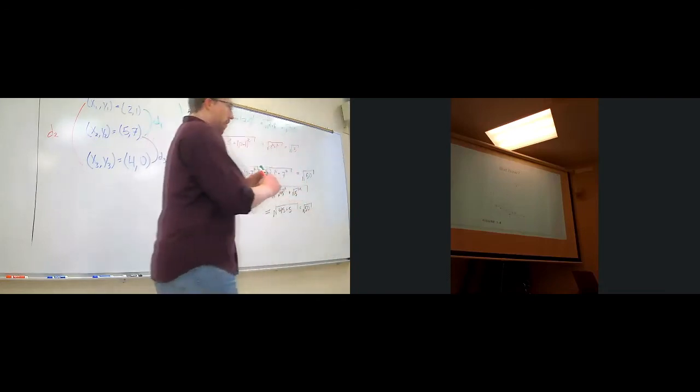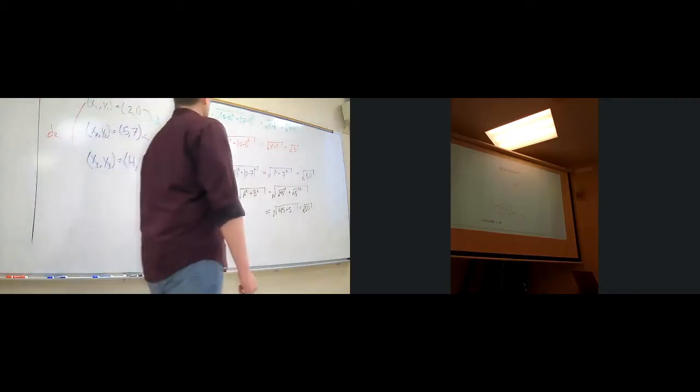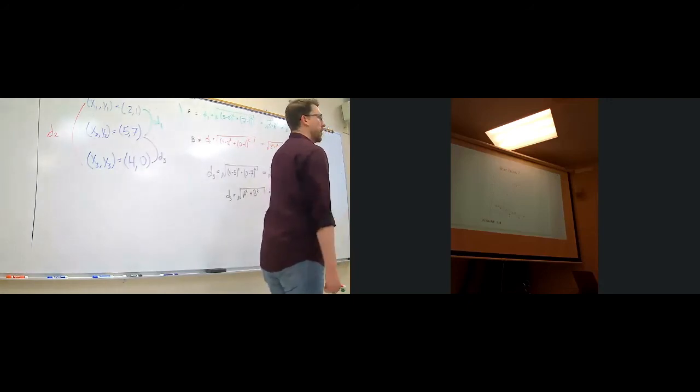This is an example of why I would suggest not writing everything in decimal form right away. Because if we were thinking about this in terms of the Pythagorean theorem, this is a lot easier than that, right?